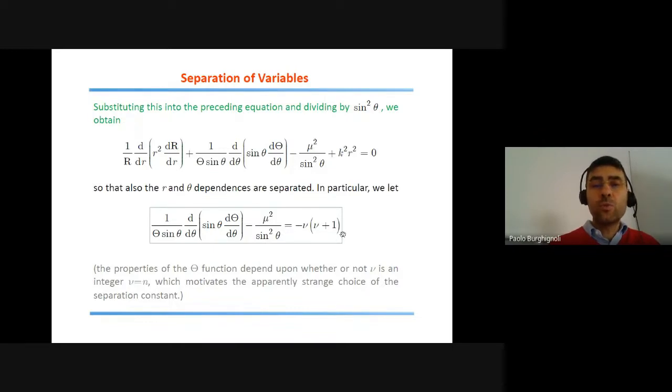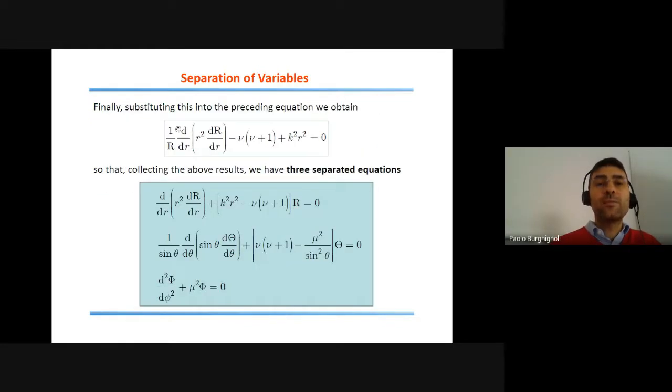The reason for choosing this particular form is that, as we will see, when nu is an integer parameter, the theta function has some special properties. So it's useful to write the constant in this way. By substituting back into the equation above, we finally have the dependence on r alone, in which the constant nu times nu plus 1 also occurs.